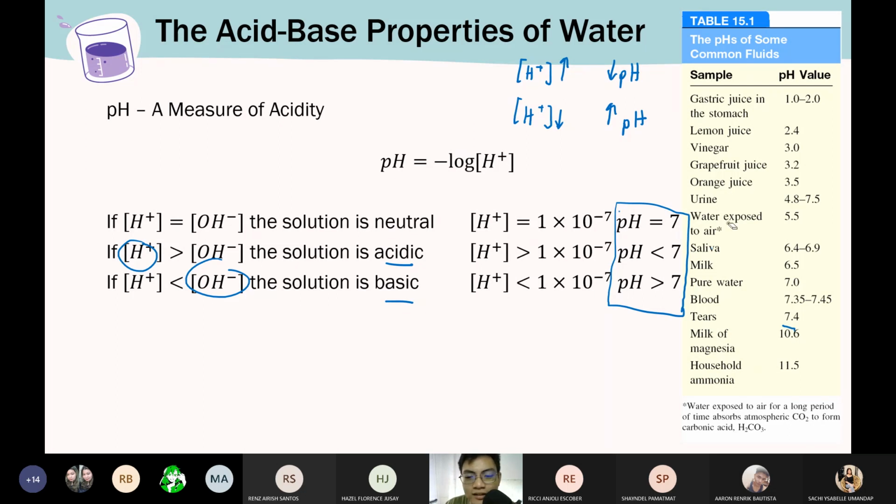Try natin umiyak. Mag-quiz na lang. Try niya, tapos lagay niya sa pH paper. Tapos ilagay niya sa home lab experiment. Sir, iyak ko po yan. Kayo bahala. Basic pa siya. Okay. Ano kaya meron sa luha? Alam ko lang maalat siya eh. Pero I'm not sure kung ano meron dyan.